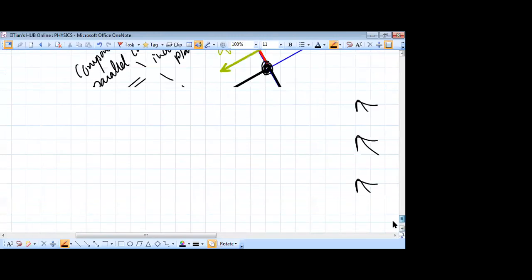Alright, so my forces are resolved. Now the next thing is to apply Newton's second law. So the final step is application of the second law, that is net force is equal to mass into acceleration. Now we will do this in component form.